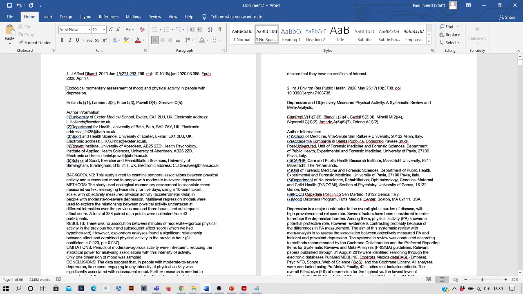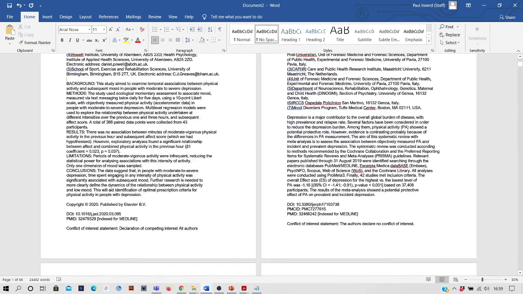So let's do a few. Ecological momentary assessment of mood and physical activity in people with depression. The study aims to examine the temporal association between physical activity and subsequent mood in people with moderate to severe depression. Let's see how it was measured. Yeah, it was measured using an accelerometer.